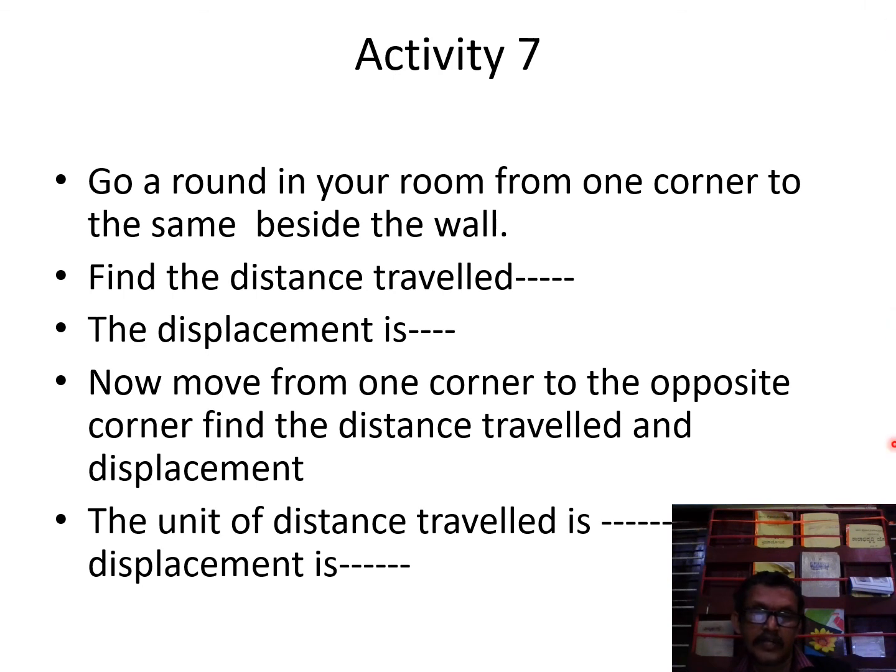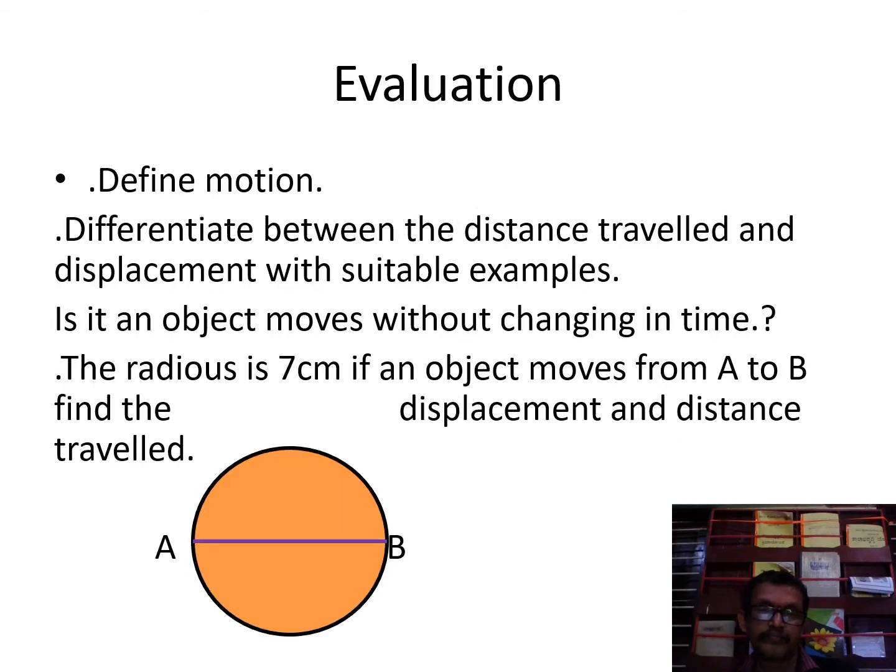I think you can understand this is the distance traveled, this is the displacement. Calculate this displacement by measuring. Don't use the Pythagoras theorem, no need. Afterwards I will give such problems. Okay, now we shall move on to the next one.